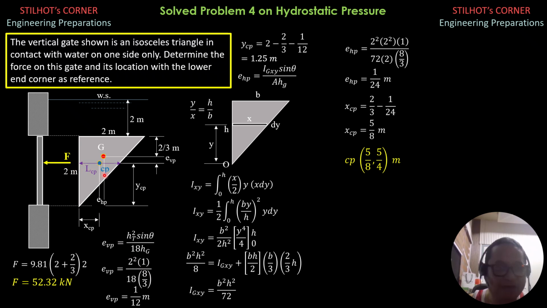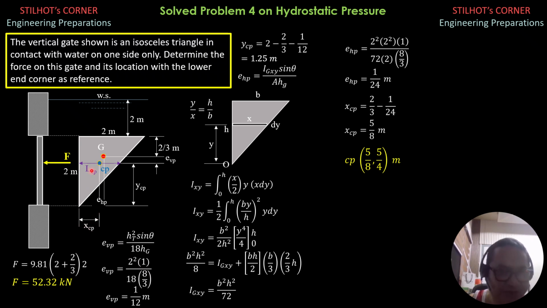So we have a rectangular pressure distribution. Naturally, the centroid of the rectangle is half of the length over which it acts. So if the length of the uniform pressure is L sub CP, half of that is x sub CP.